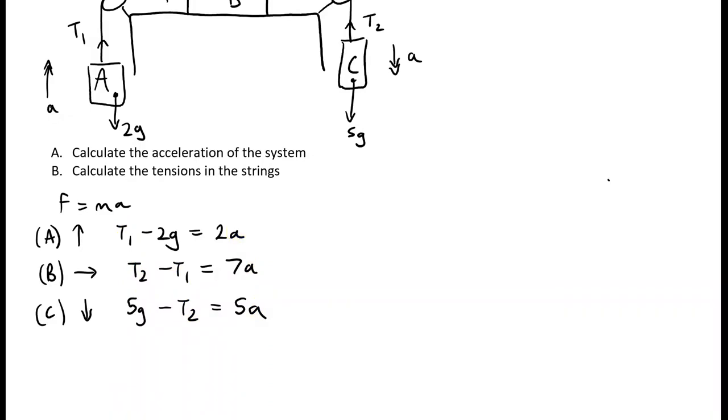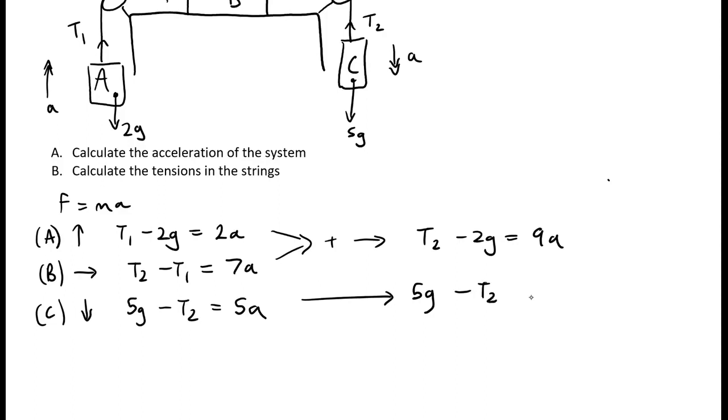If equations A and B are added to each other, we can get rid of T1. Just saying we're bringing them together by addition. So that would be T2 minus 2G is equal to 9A. We also have the other equation, 5G minus T2 equals 5A.